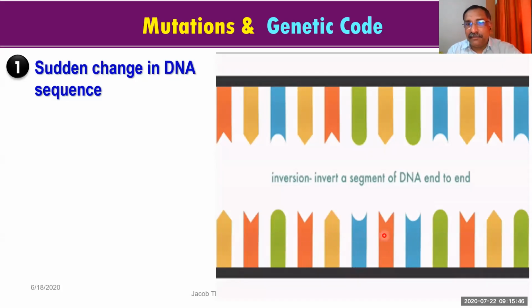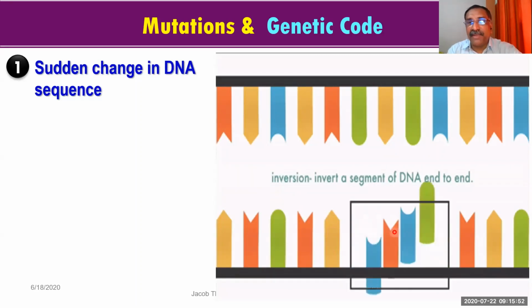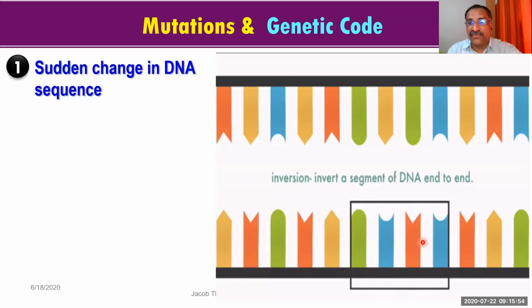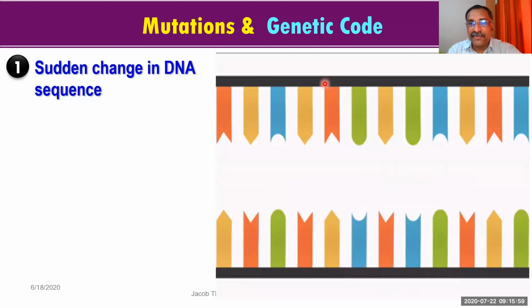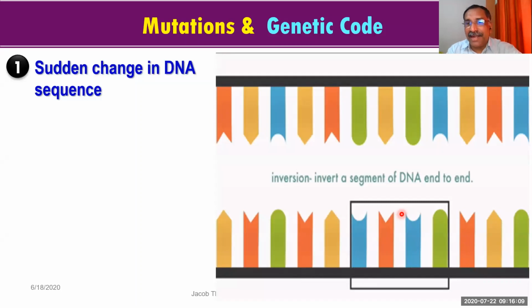In this sequence, you can see that after a time these four nitrogen bases are cut off, then reversed and placed back. These four nitrogen bases are cut off and then inverted, and then placed back.